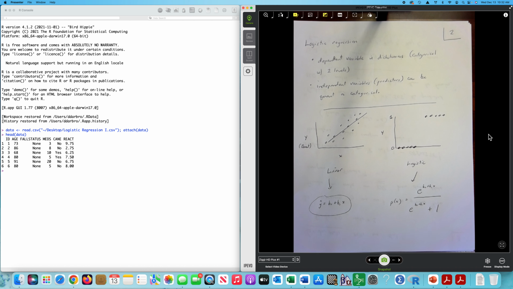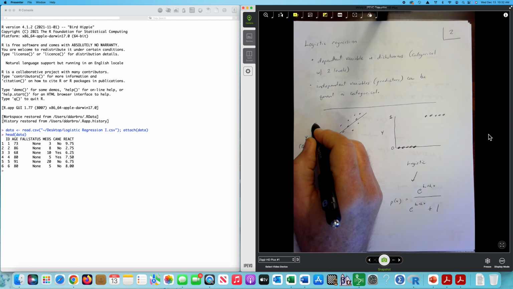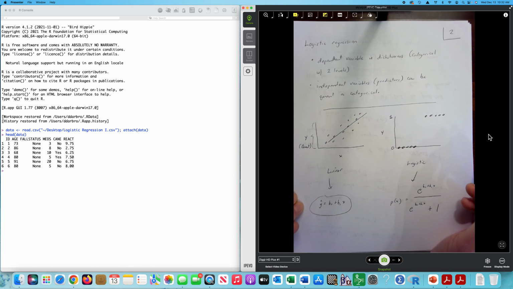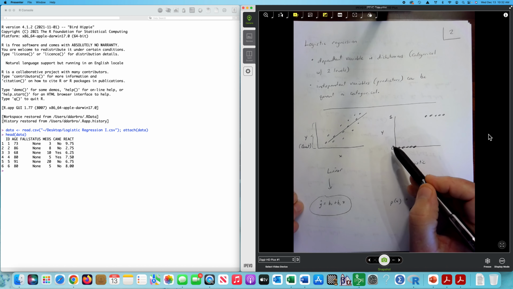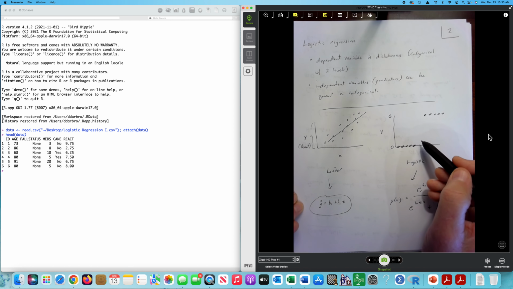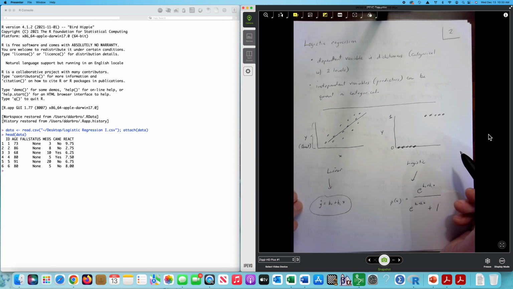But in the logistic regression case, in a dichotomous situation, the values can either be zeros or ones. So fitting this with a straight line would cause all kinds of problems with some of the assumptions.